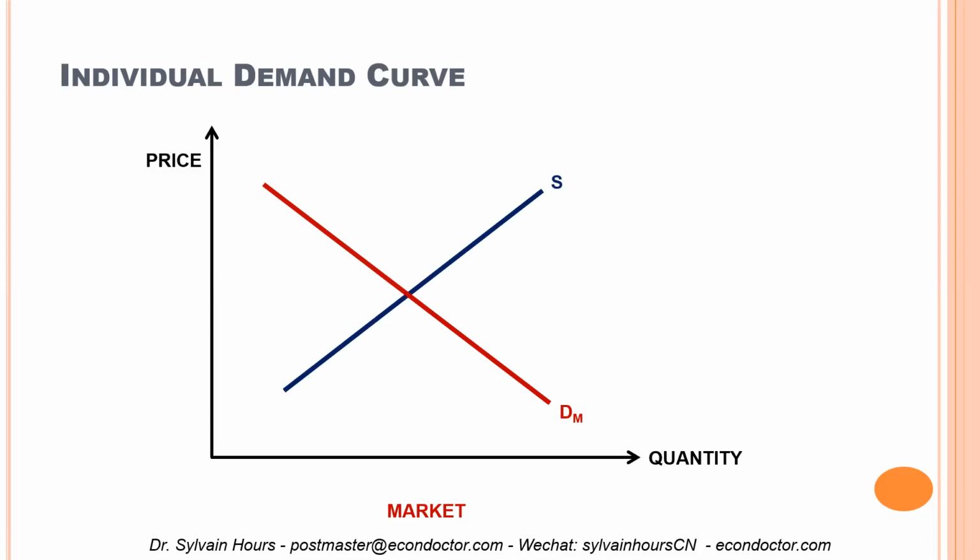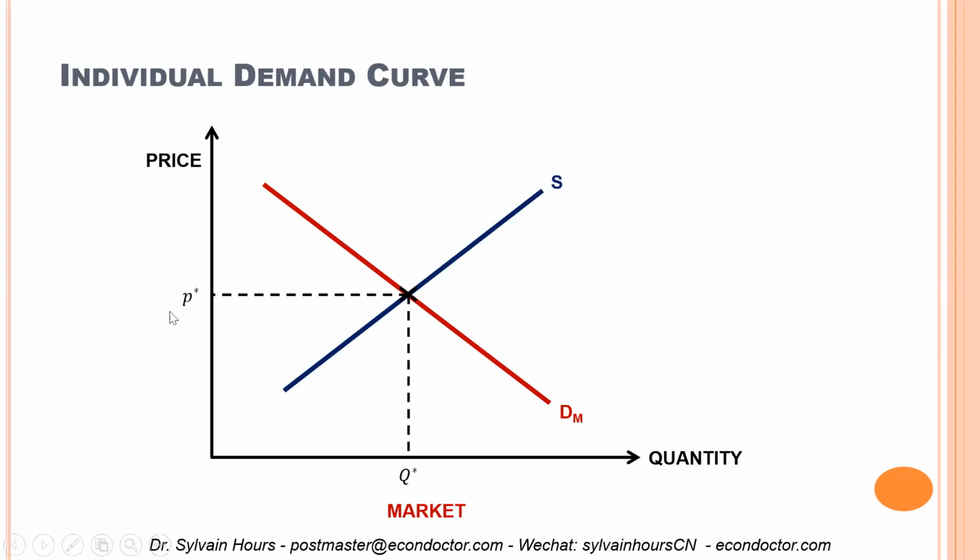This is not the individual demand, this is the market demand. So the forces of supply and demand will determine the equilibrium price, P star, and the equilibrium quantity, Q star. And then let's ask these three questions again. What happens when I charge a price above the market price?